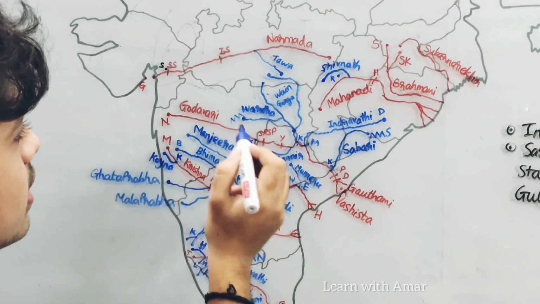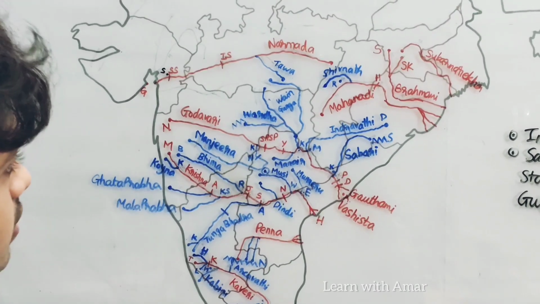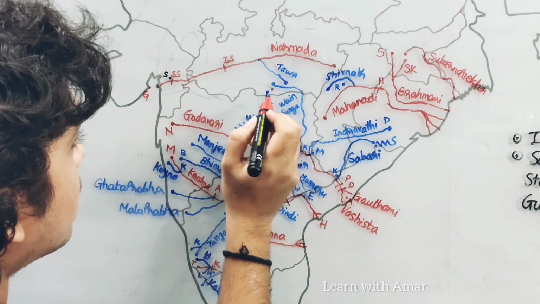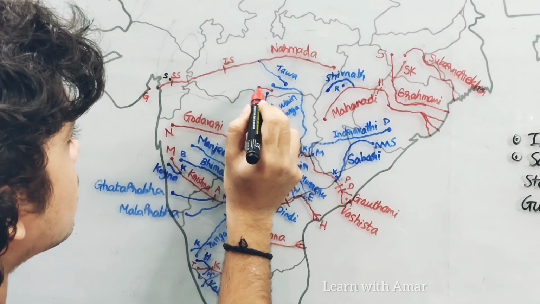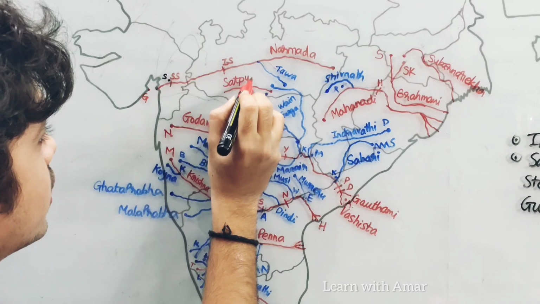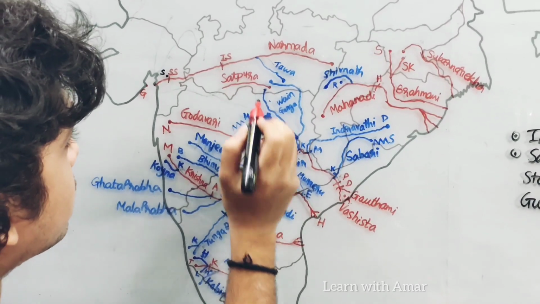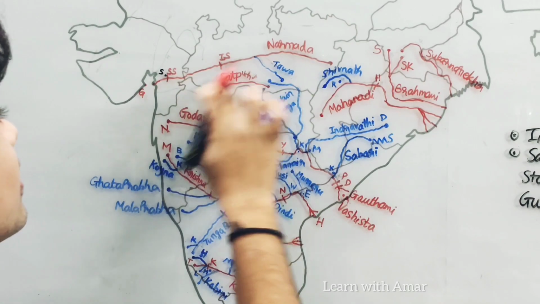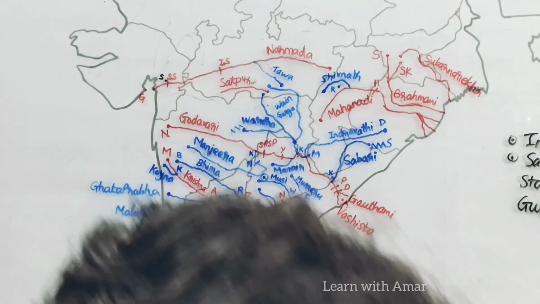Okay, next, another important river in central India which joins the Arabian Sea is this.